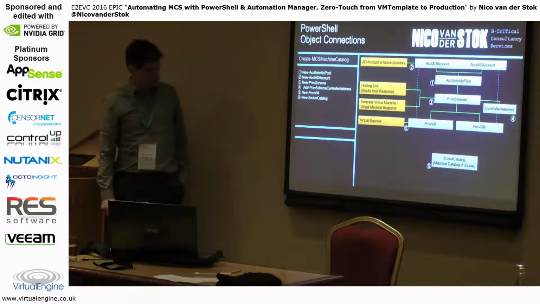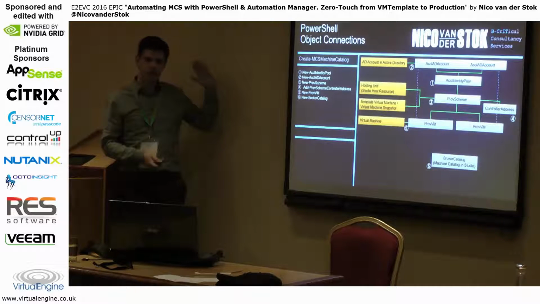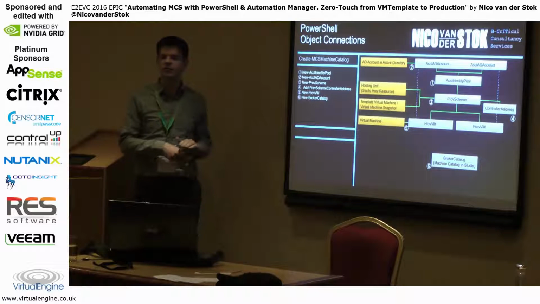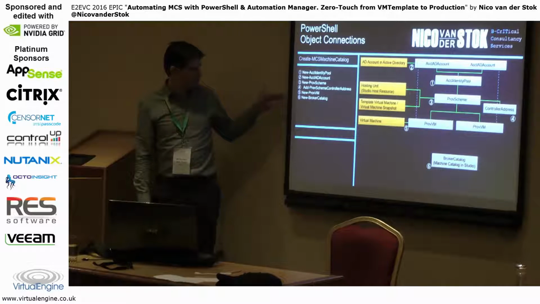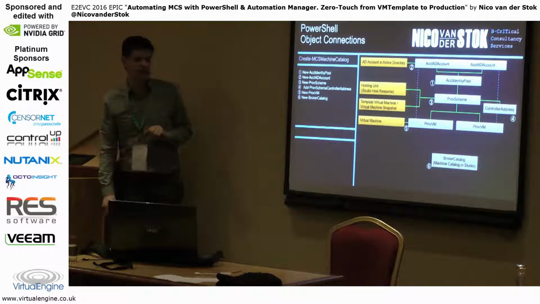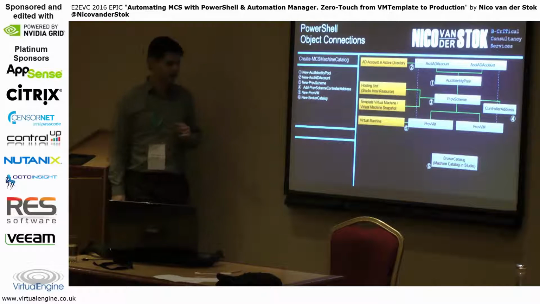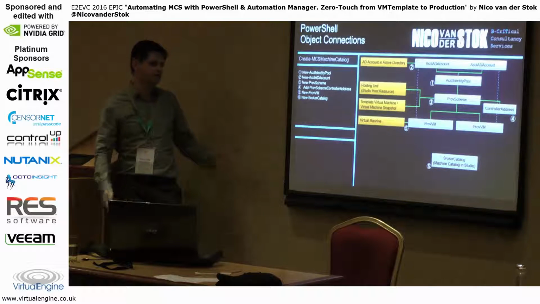Then the machines are created, AD accounts are created, disks are copied, that's all finished, but in Studio you still don't see anything. So you create the broker catalog, which is the machine catalog, but the term in PowerShell is broker catalog. There is no dependency, you can just create it empty. It doesn't work, but it will show up.